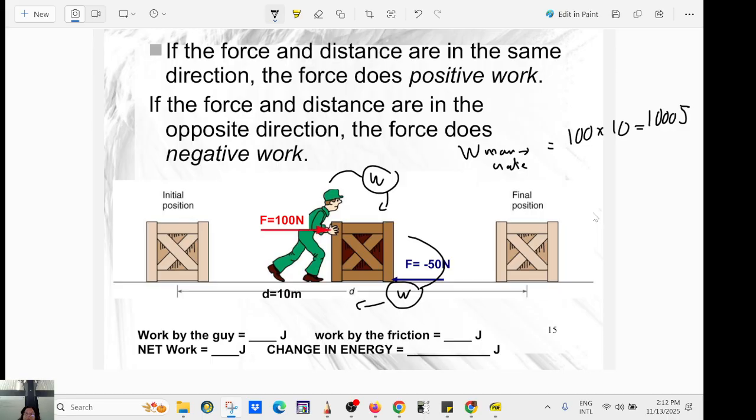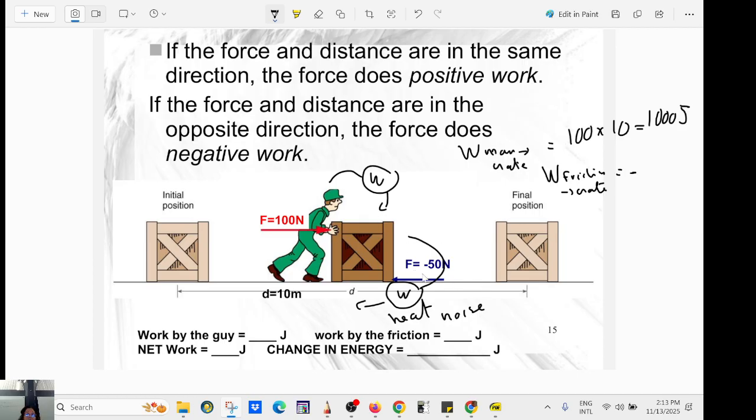So we say that the kinetic friction is doing negative work. The work done by friction on the crate is negative because it's taking away some of the kinetic energy, turning that into heat, maybe some noise, maybe damaging the ground.